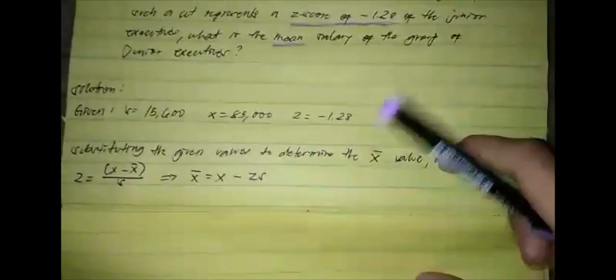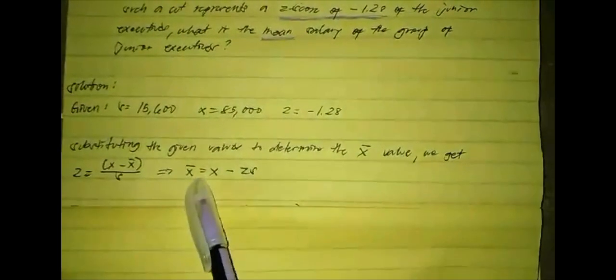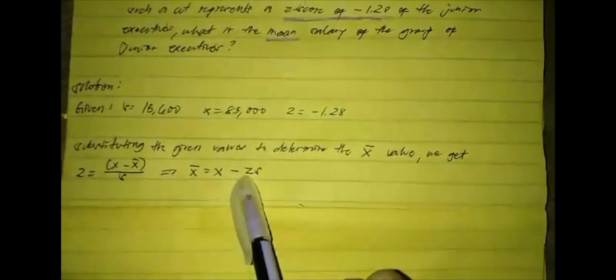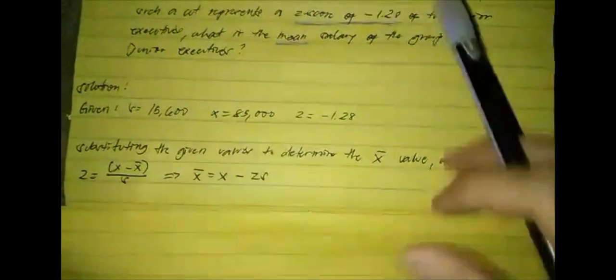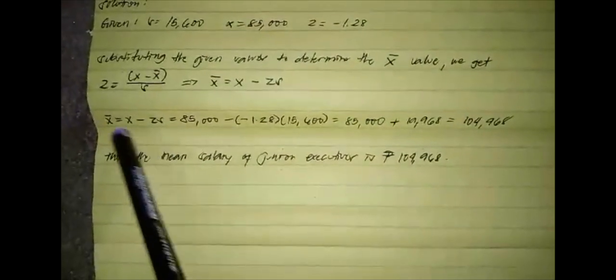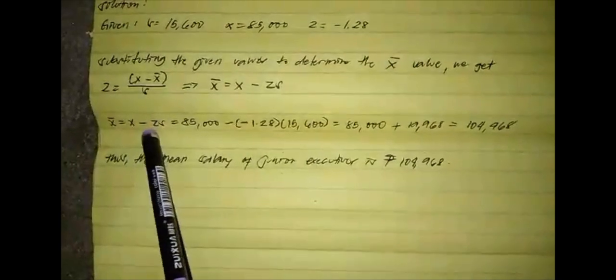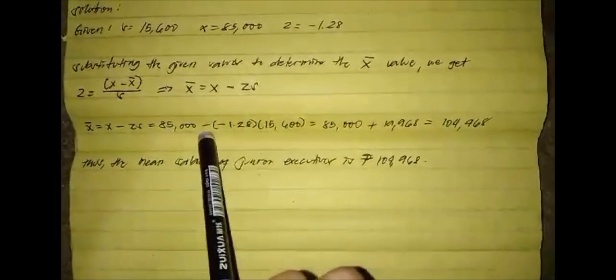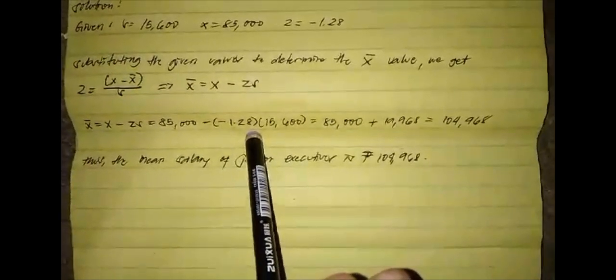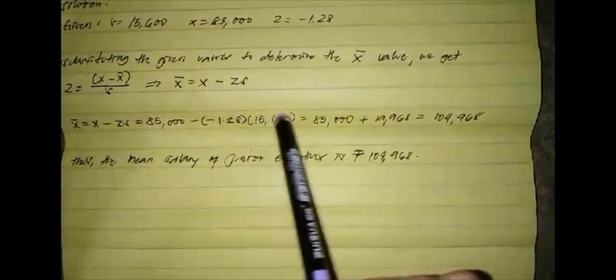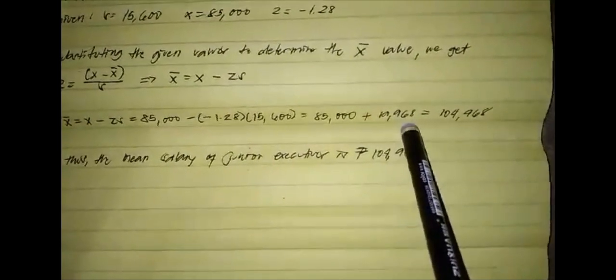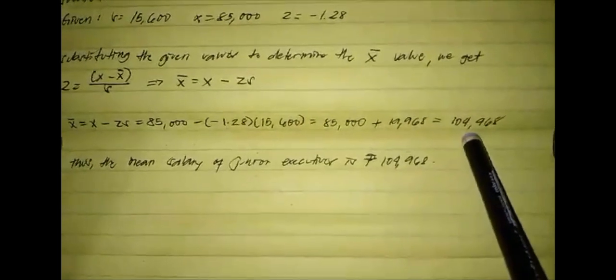So the mean is equal to x minus the z-score times the standard deviation. By using the formula, the mean is equal to 85,000 minus negative 1.28 times 15,600, which is equal to 85,000 plus 19,968, which is equal to 104,968.